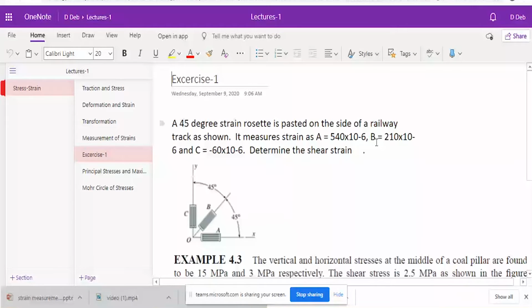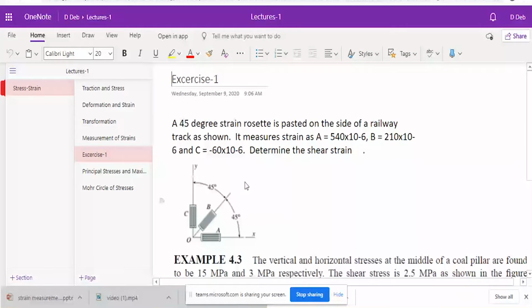Can you solve this problem? I can give you a hint, but I want you to calculate. The hint is that the OB direction is the x dash direction. I'll give you about 2-3 minutes.